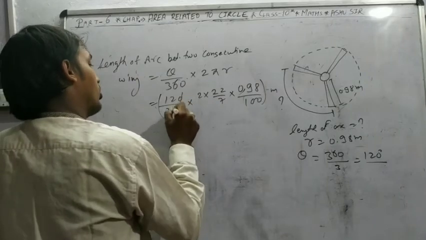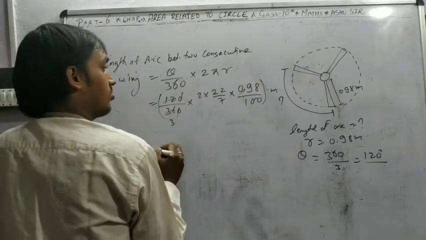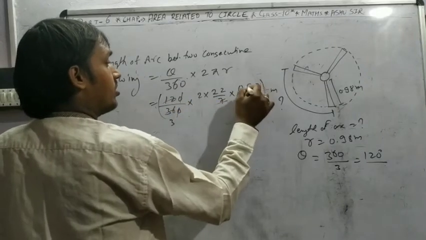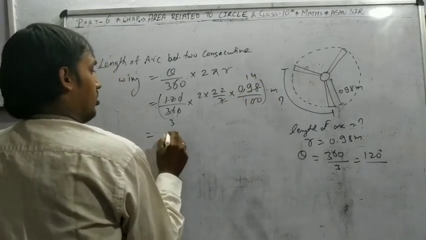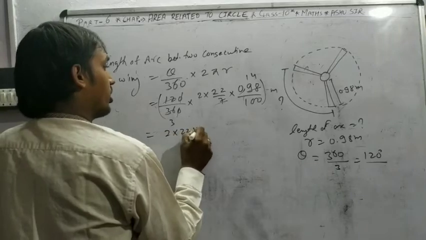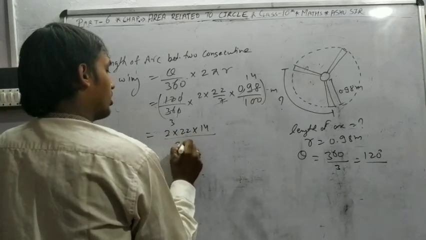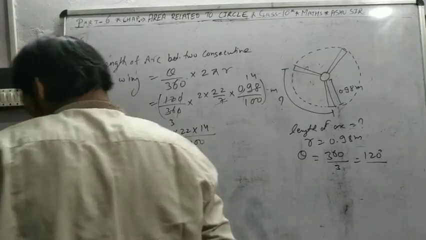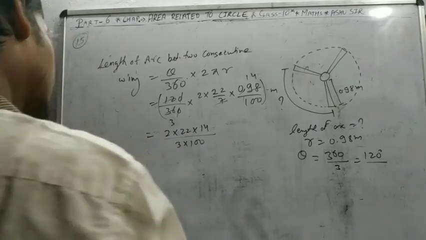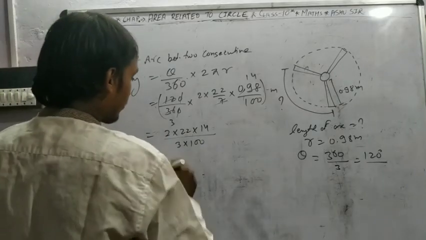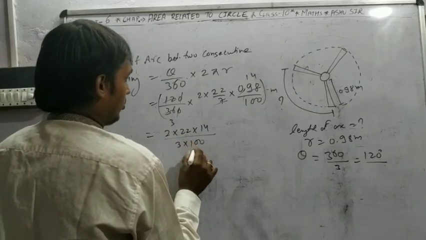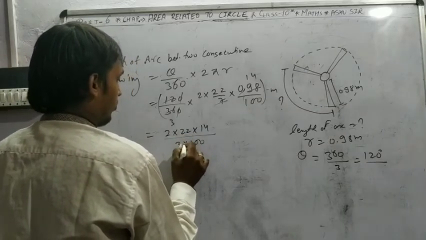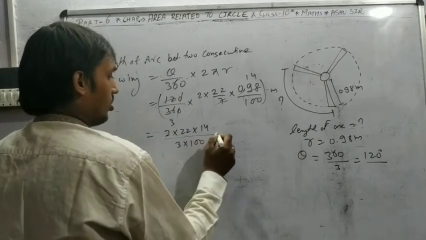So 0 cancel, 3, 7 1s are 7, 7 4s are 28, 2 into 22 into 14 by 3 into 100. No cancel out, multiply them.